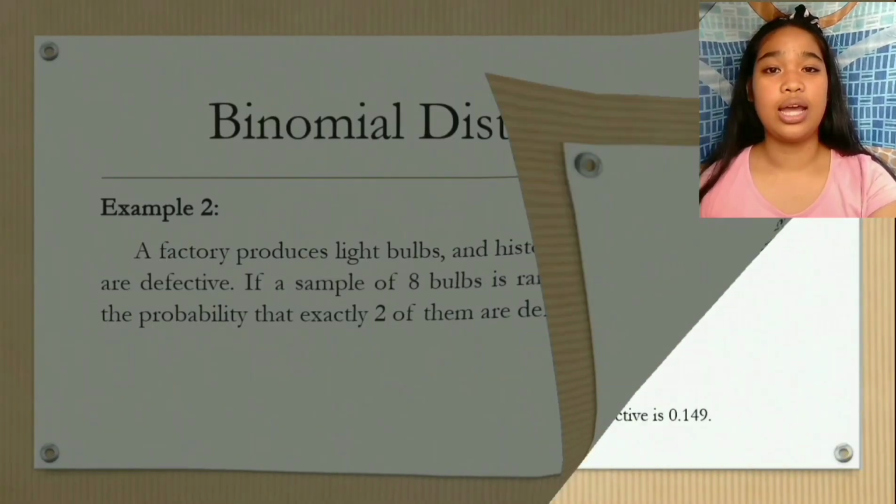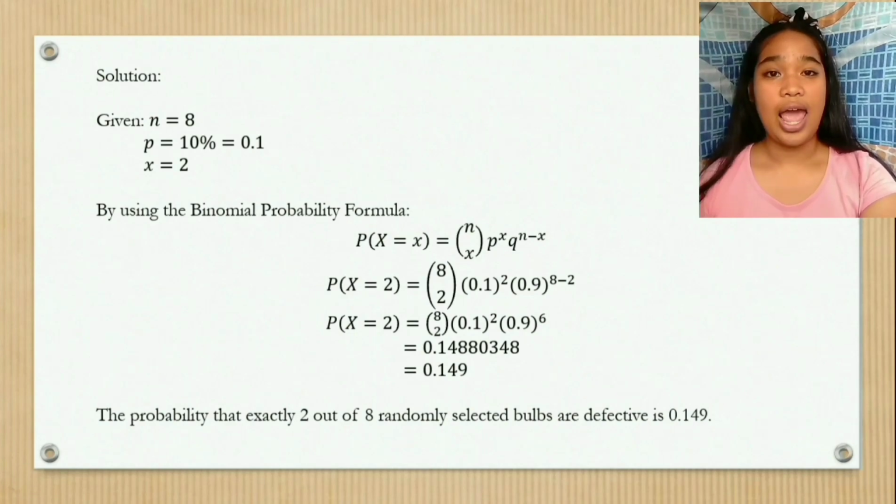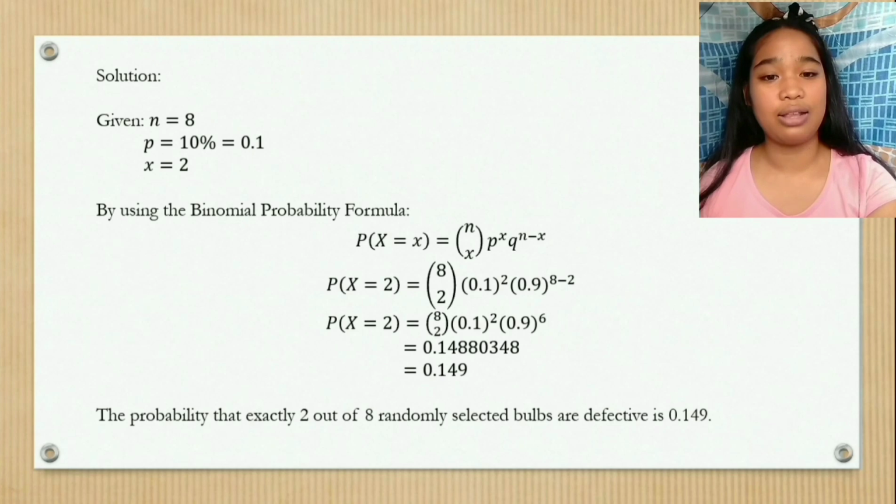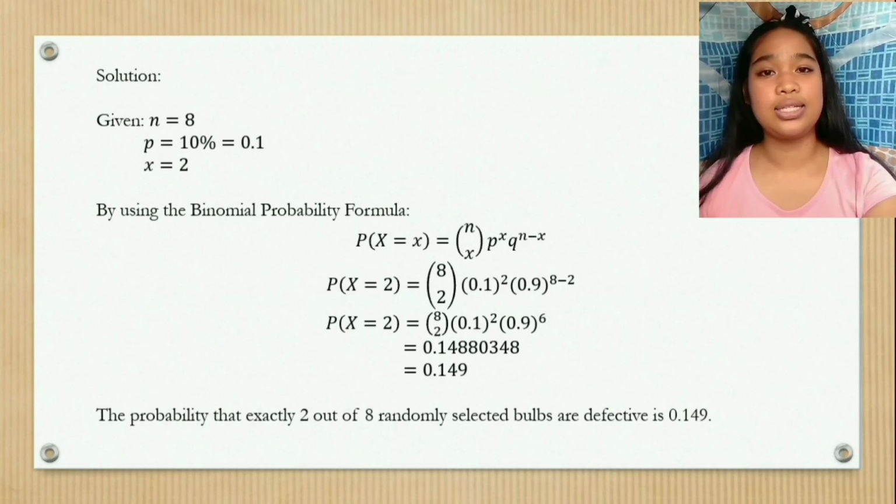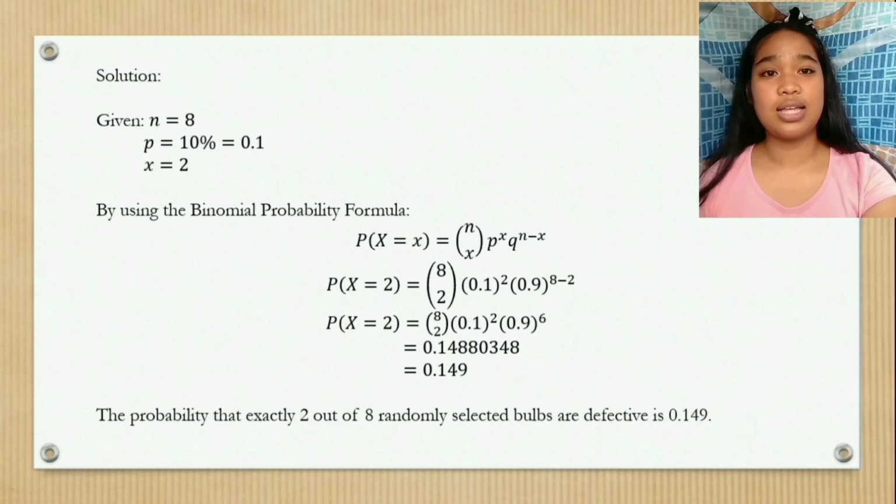So, solution. Ang given kay n equals 8, kay 8 ang selecting light bulbs. P is 10%, equals 0.1, kay ang probability of defective bulbs. Then x equals 2, kay mao ang defective bulbs.